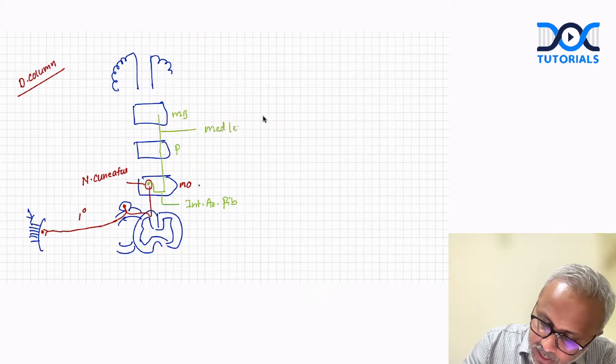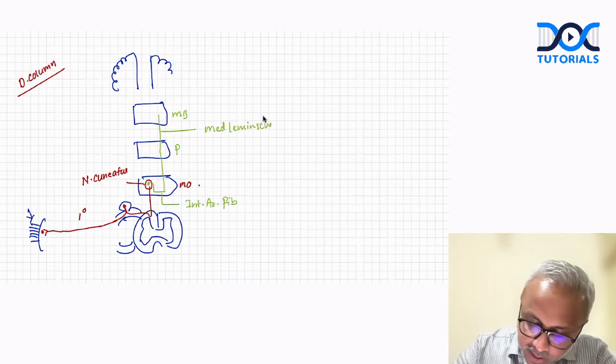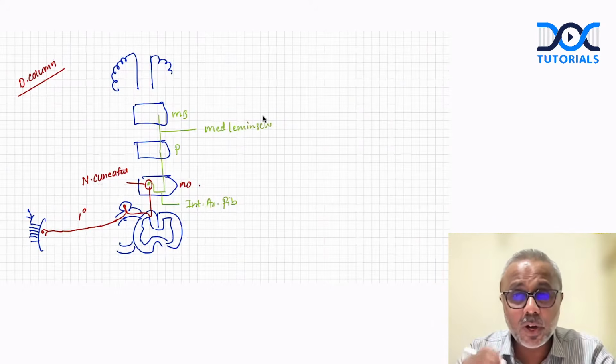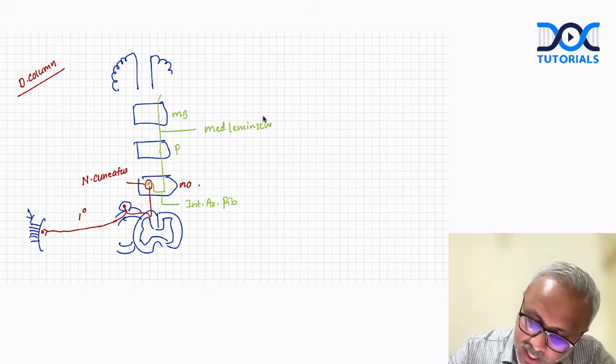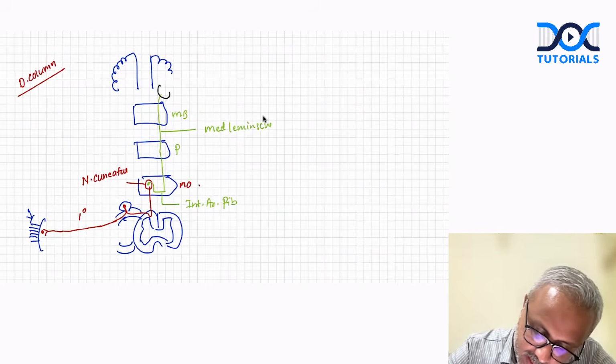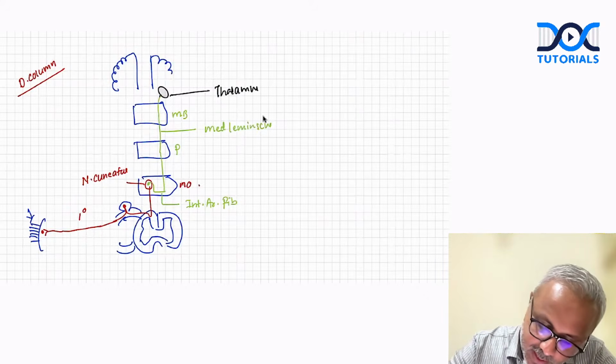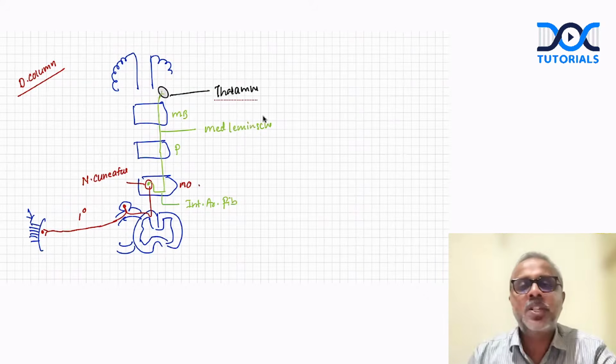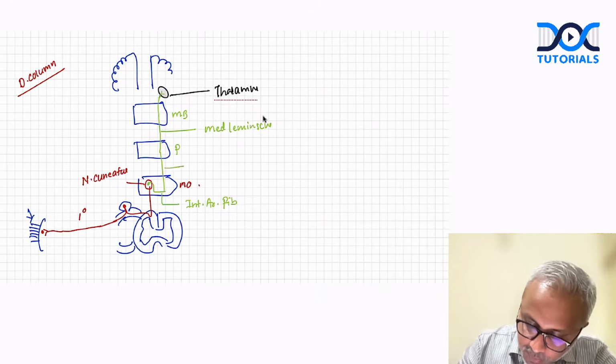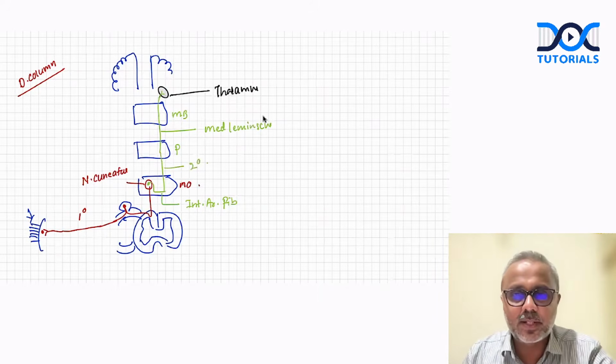The medial lemniscus, right? Then the important thing about all sensory tracts is they relay in a nucleus. Now a nuclear mass called the thalamus, right? So this is where these second order neurons end. So these are second order neurons.